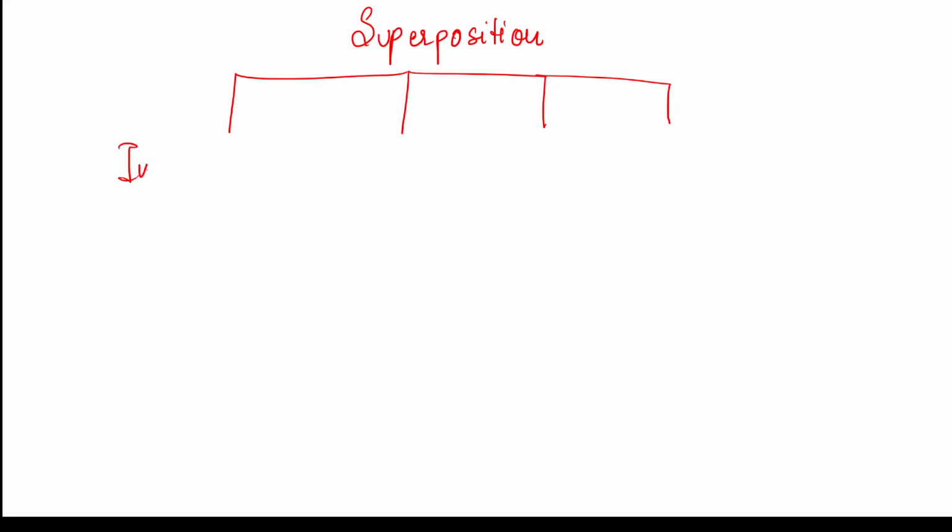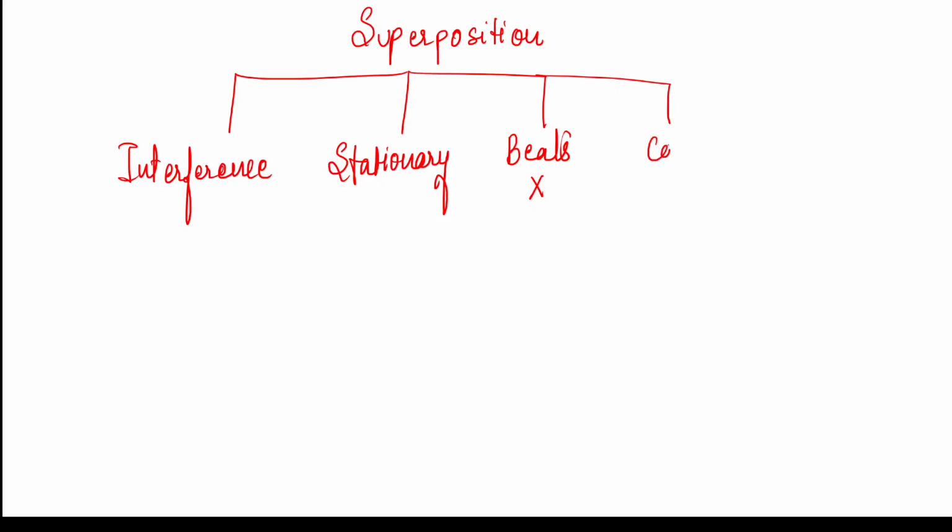One is interference, the one we're doing today. Second is stationary waves, next video. Third is beats, not required for A levels. And the fourth is complex waves, kind of noise, but not required again. So we just need these 2. So today we're starting with interference.